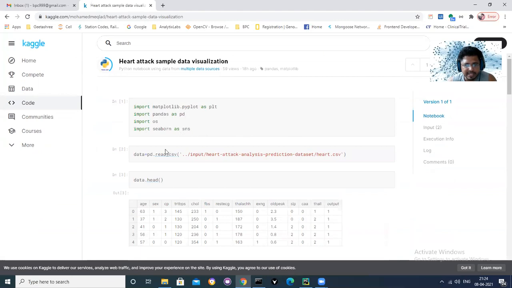When I do read CSV of that file, it is loaded in the variable data. This variable resides in the Python runtime, which exists in the system memory, the RAM. So that means my RAM has to have a minimum of 2 GB free to load this.